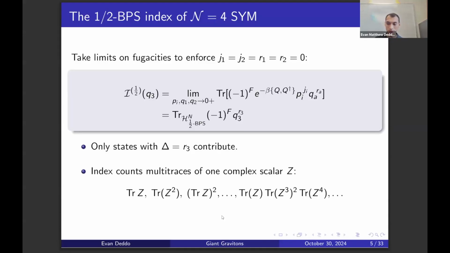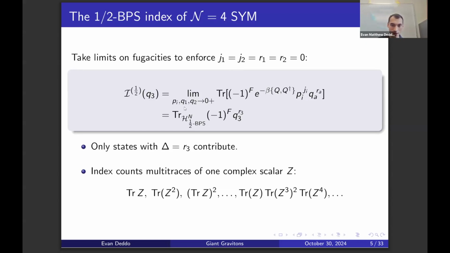So we can consider a limit of this, which is the half-BPS index. To just count the half-BPS states, we can take a limit on the fugacities to turn off the angular momenta and only leave on one of the R-charges, the R3 charge here, with its corresponding fugacity.